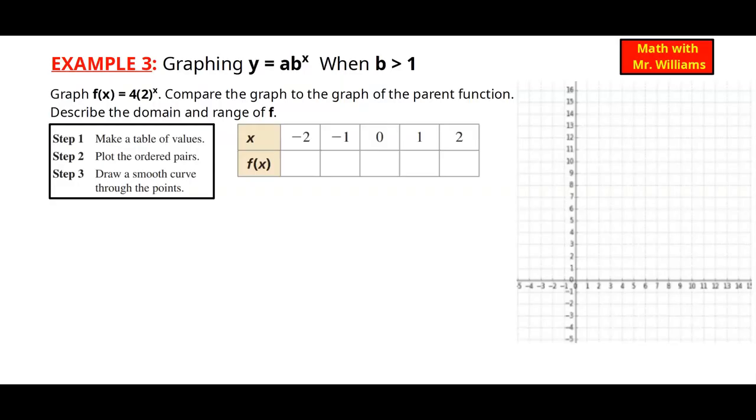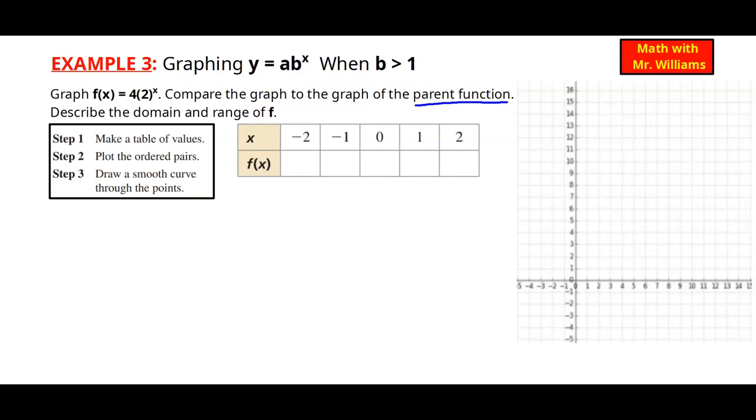Example 3, graphing y equals a b to the x exponent, where b is greater than 1. Graph f of x equals 4 times 2 to the x exponent. Compare the graph to the graph of the parent function. Describe the domain and range of it. So we have several things to do. First, let's identify what the parent function is.